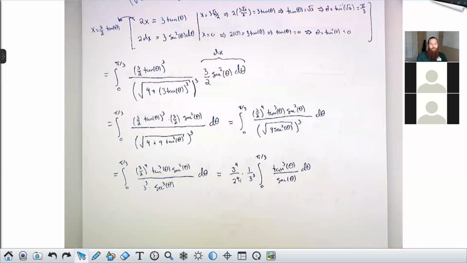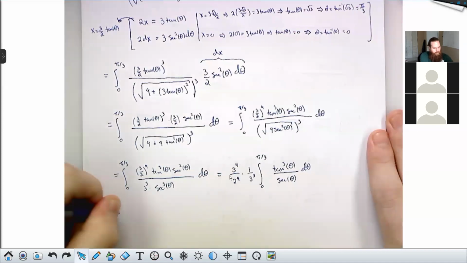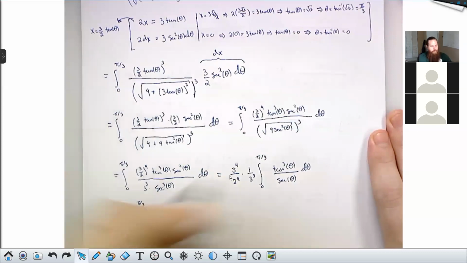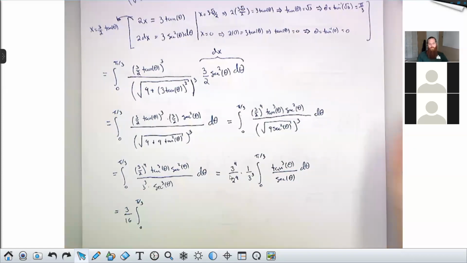Out front, those constants, 3 3's downstairs, 4 3's upstairs, so I'll have 3 over 2 to the 4 for my constants. 2 to the 4 is 16. Integral 0 to pi over 3. What do I do with this stuff? Tan cubed over secant. Oh, I can't close that. Damn. All right. What do I do with tan cubed over secant?